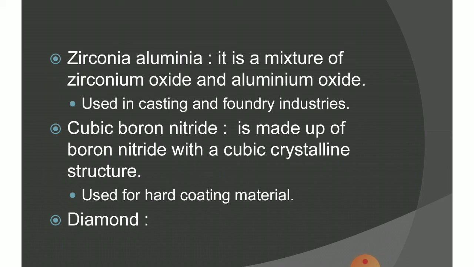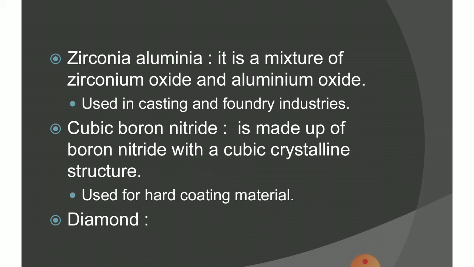Hard materials like heat treated materials, for the resharpening or further machining of those types of material, we use cubic boron nitride as the abrasive. And last, you can observe here, it is the diamond.